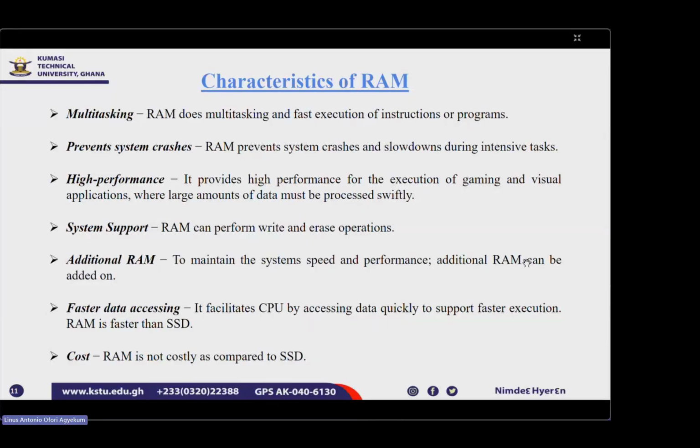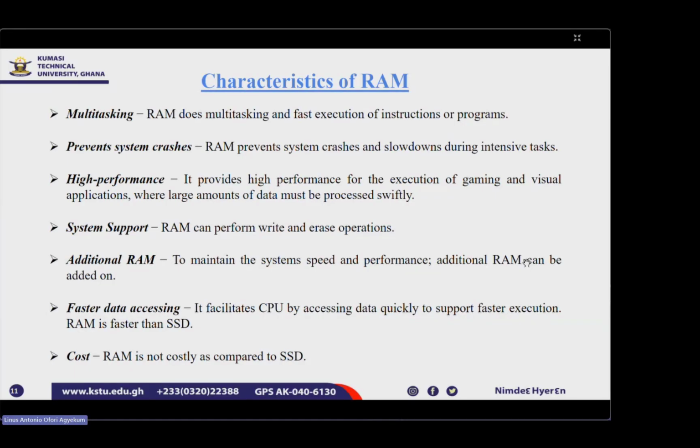So I don't know if you have ever witnessed, you have several processes running, and then at the point you see that the computer has hanged, you are not able to perform any other function. It is the RAM's own way of protecting the system from crashing. So that is one characteristic of the RAM.